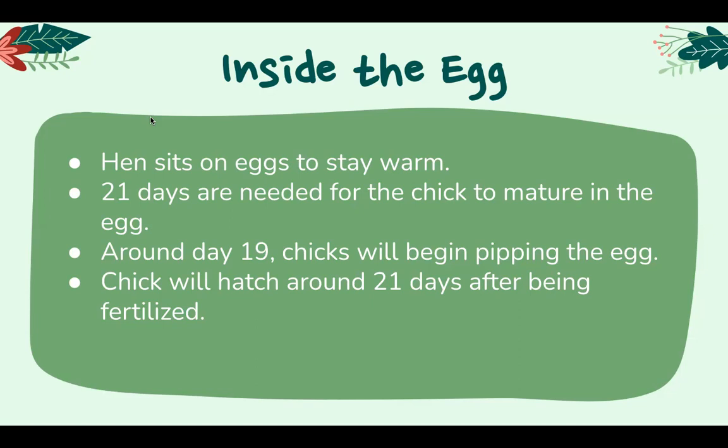You can't turn it off at night, because otherwise that growing chick embryo inside will die. So the temperature stays around 99 degrees, which is really warm. And the humidity level, we have to make sure that there's enough water in it. So the humidity level has to stay somewhere around 45 to 50% humidity. So that's like the moisture in the air.